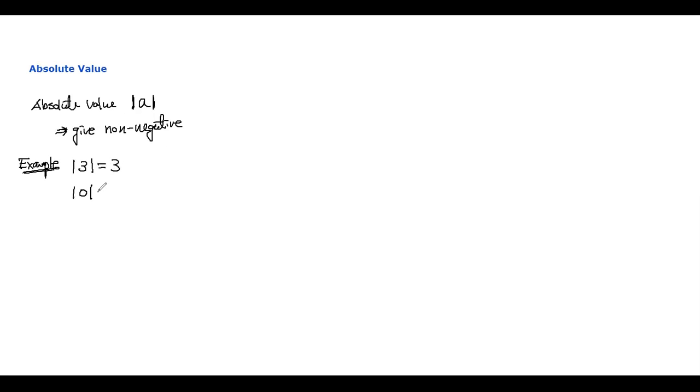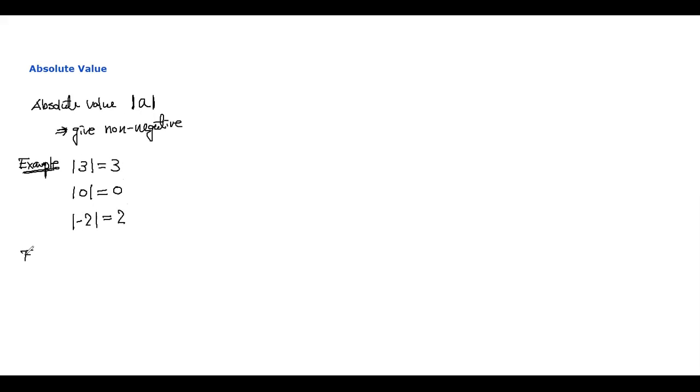Yes, the absolute value of 0 is 0. Can it be negative? How about negative 2? Remember, everything that comes out of the absolute value becomes positive, so the absolute value of negative 2 equals 2.